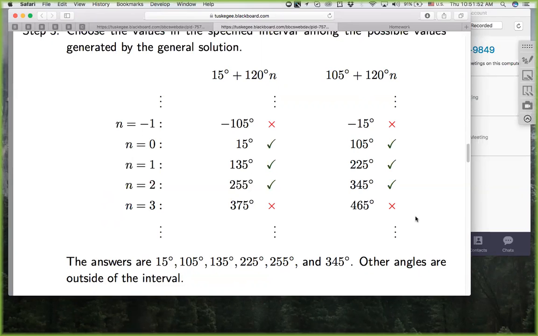Okay, let's continue. So we have seen this way of solving trigonometry equations with multiple angles. So there are multiple sets of solutions in this case, typically more than two.